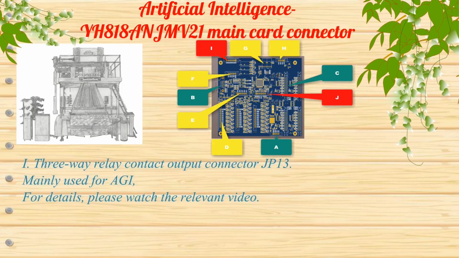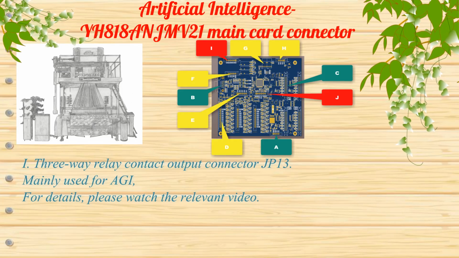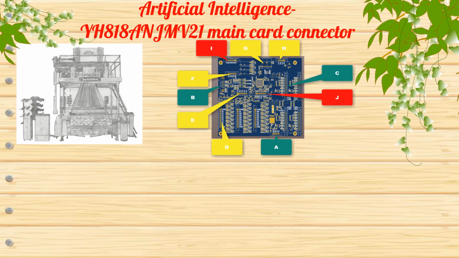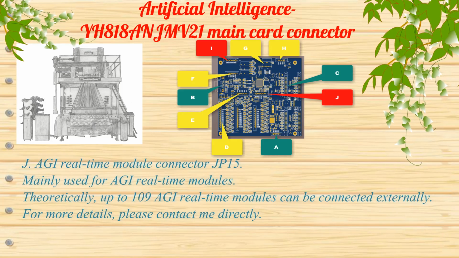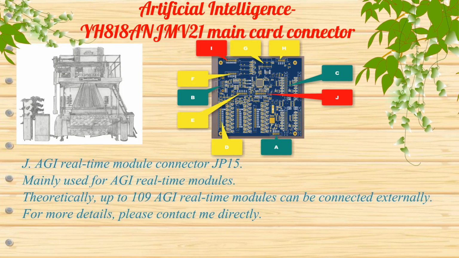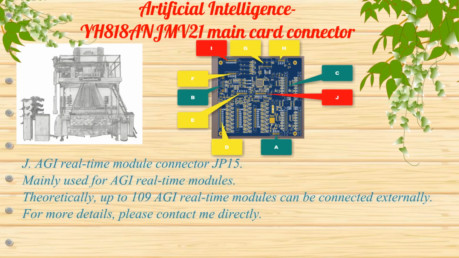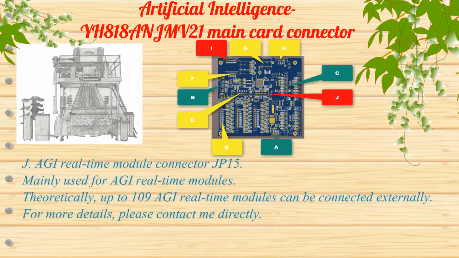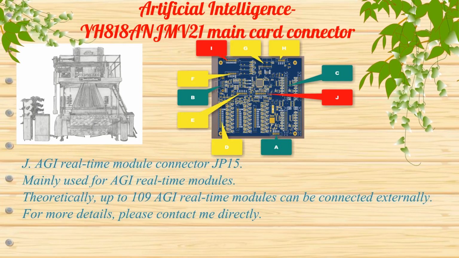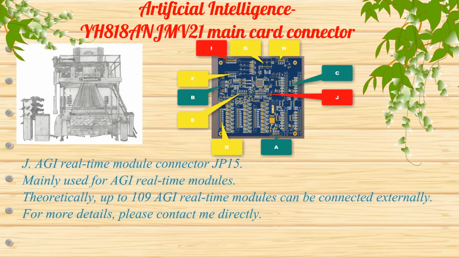For details, please watch the relevant video. J. AGI real-time module connector JP15. Mainly used for AGI real-time modules. Theoretically, up to 109 AGI real-time modules can be connected externally. For more details, please contact me directly.